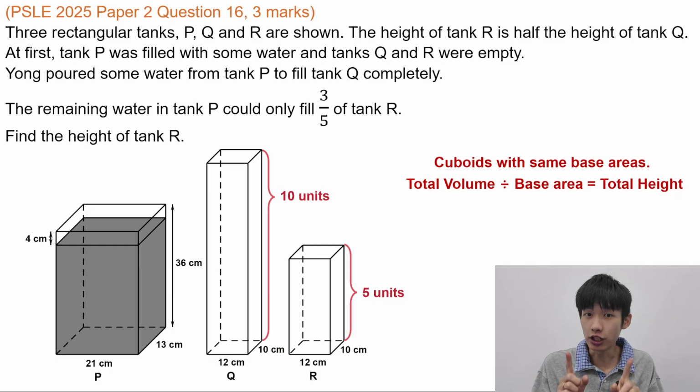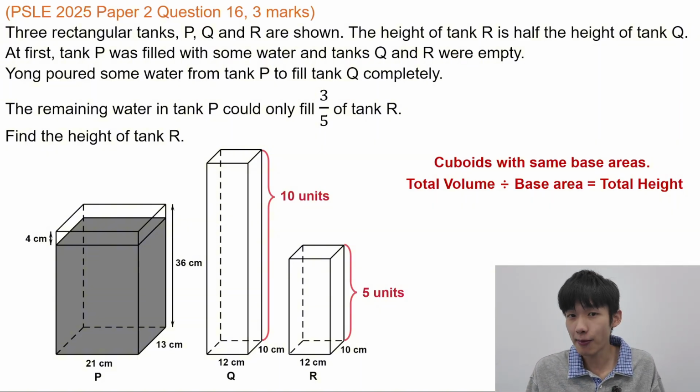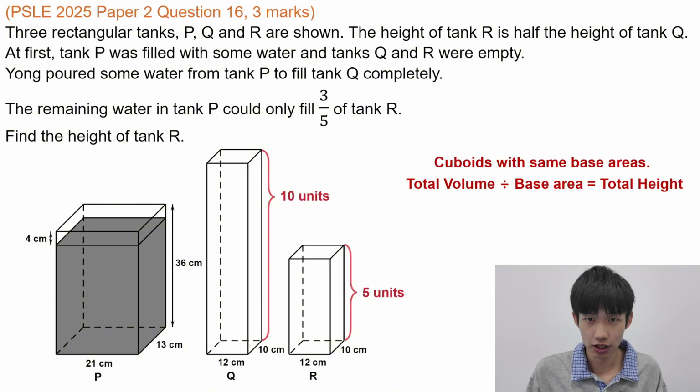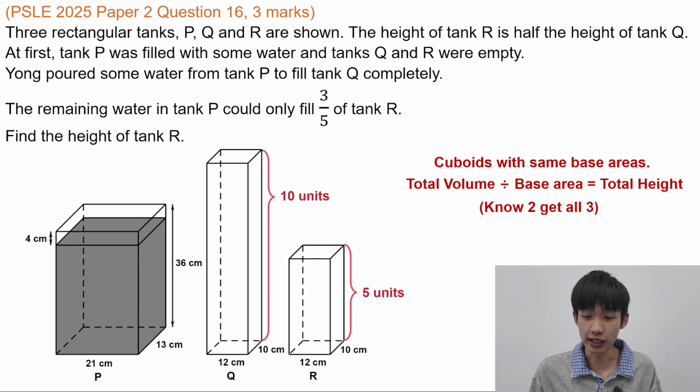But if we know any two of the values, for example total volume and total height, we can also get back the base area. So that is called know 2 get 3. If we know any two values, we can get the last one. It's called know 2 get all 3. So students can write this down. And also, you can try this question again by covering all the steps.